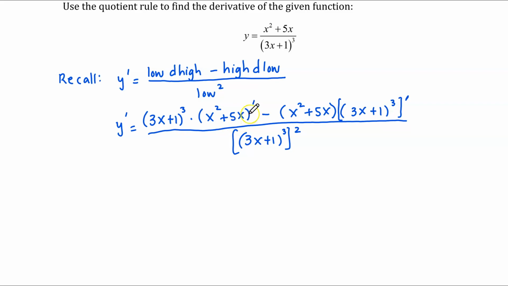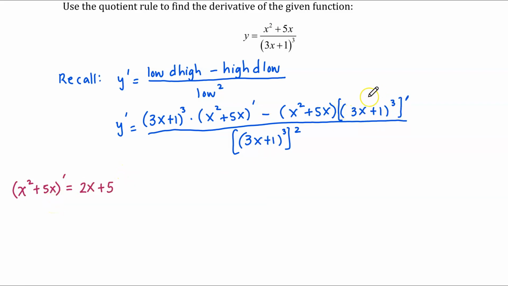Now on this side, let's compute the derivative of the expression here. So the derivative of x squared plus 5x is equal to, you just differentiate each term. So the derivative of x squared is 2x, and the derivative of 5x is 5.